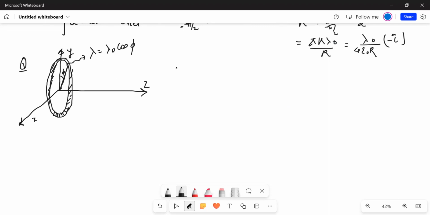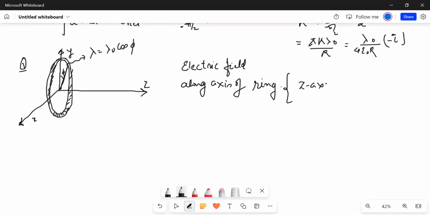Now you need to find the electric field along the axis of the ring, which happens to be the z-axis, at a distance z only. The radius of the ring is capital R.